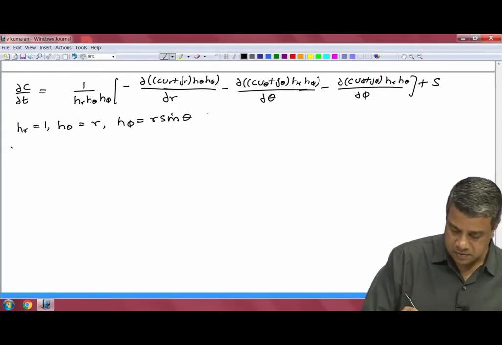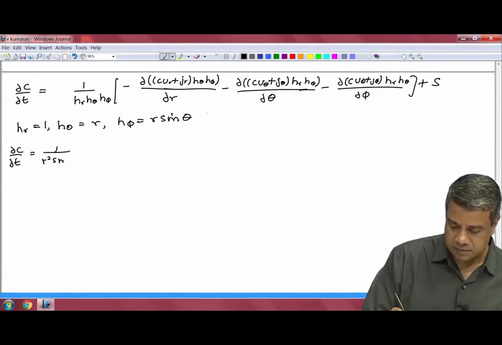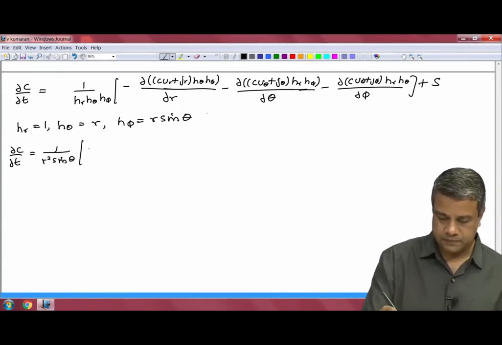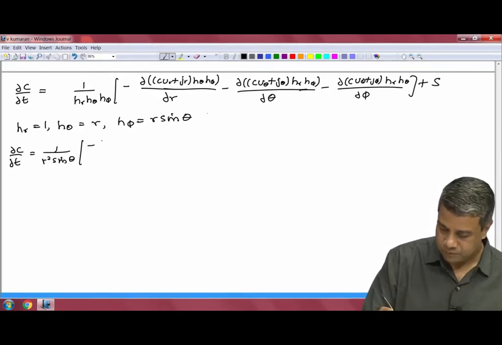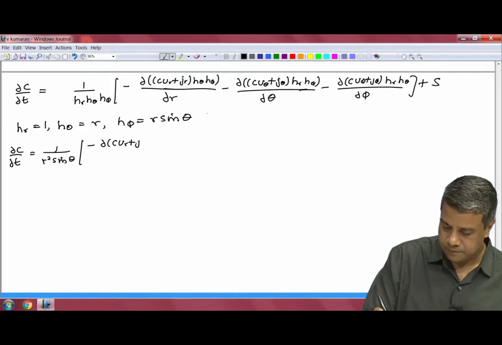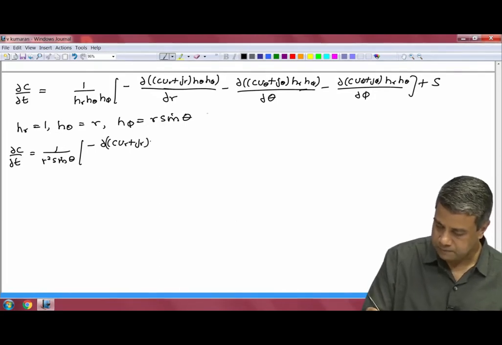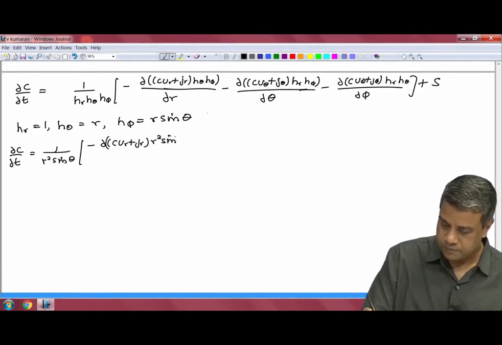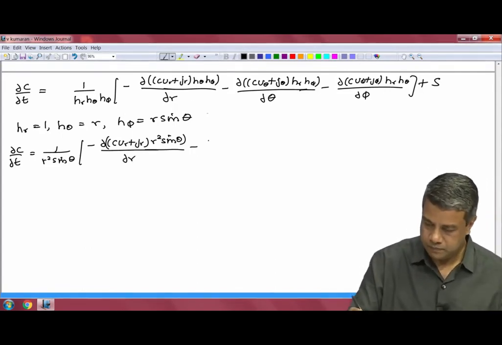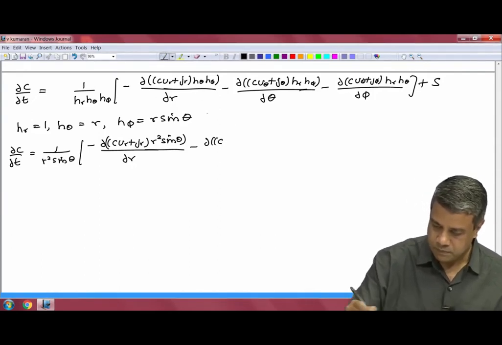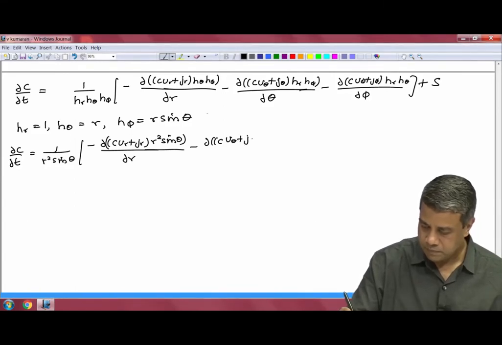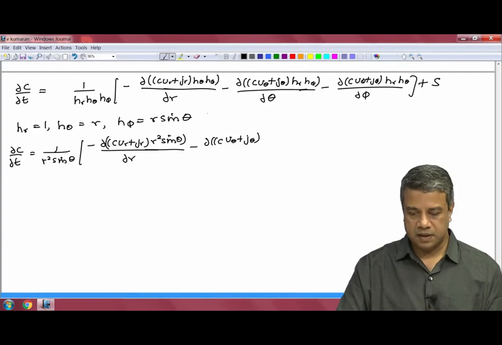So, partial c by partial t is equal to 1 over r square sin theta, into h r is 1, h phi is r sin theta.